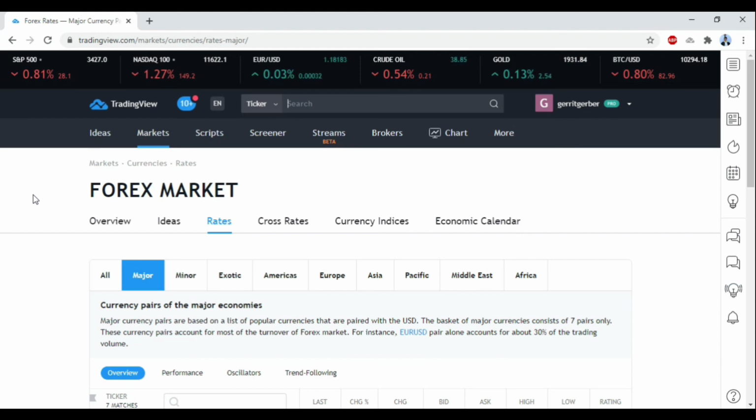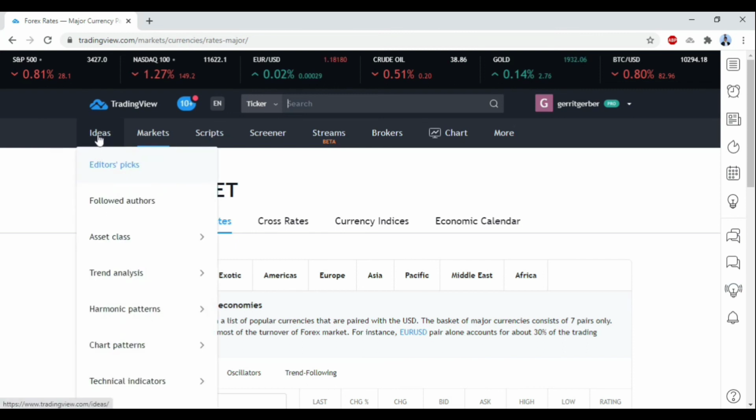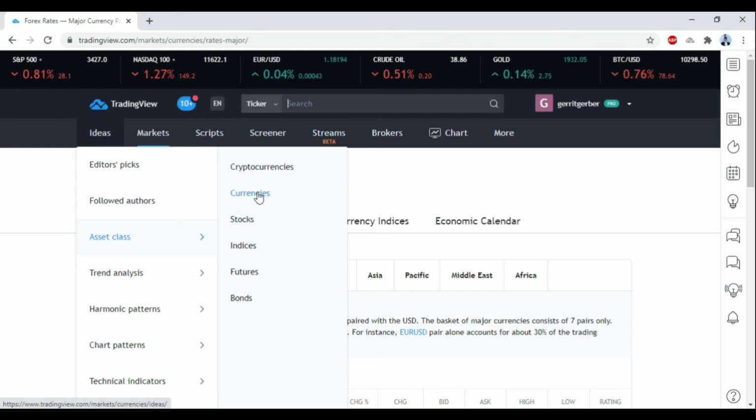And another very cool thing about TradingView is it's a very good community-based trading platform, and it allows you to connect with traders around the world to view their different trading ideas. And to do that, you can simply go to the Ideas tab over here and Asset Class and Currencies for this course.